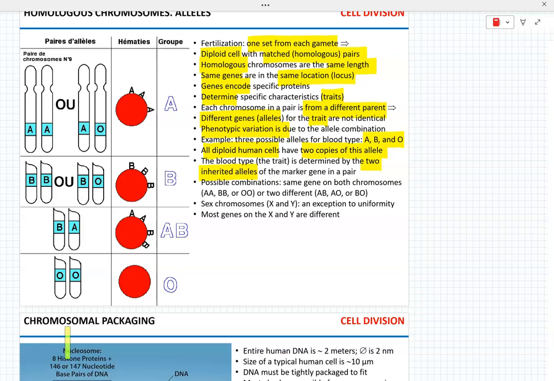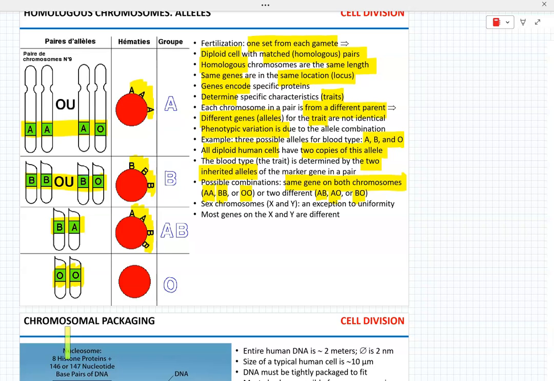So what combinations can there be? You can have the same alleles on both chromosomes, AA, BB, or OO, or two different alleles, AB, AO, or BO. As a result, if the combination is AA or AO, the blood type is A. BB or BO, the blood type is B. Combination AB makes AB blood type, and combination OO forms the O blood type.